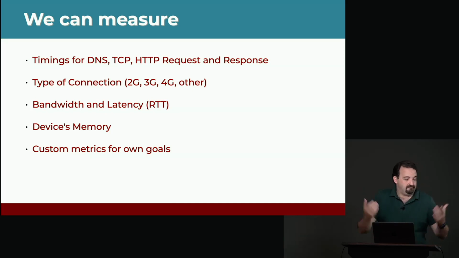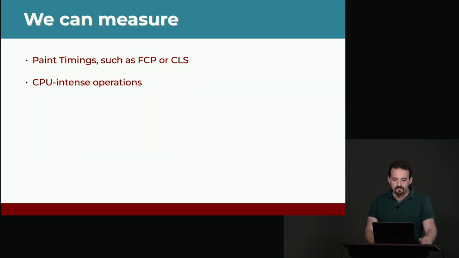For what you need. You can read type of connection, bandwidth, latency, device memory, and you can create your own custom metrics with these APIs. You can read paint timing, such as first contentful paint, largest contentful paint, and CPU intense operations, such as, remember I mentioned long tasks, tasks that take more than 50 milliseconds.